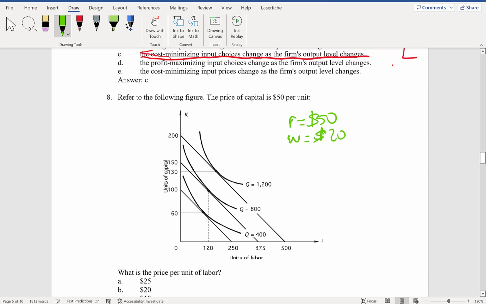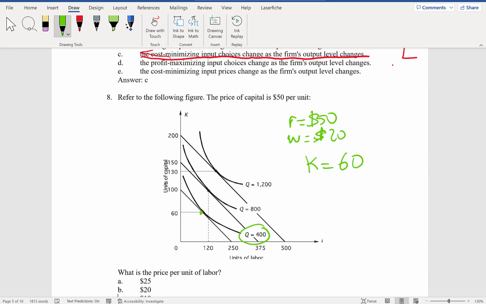We are trying to produce 400 units at least cost. So we're trying to find this point right here. In the question, it shows us the tangency point here, and I know it requires 60 units of capital.